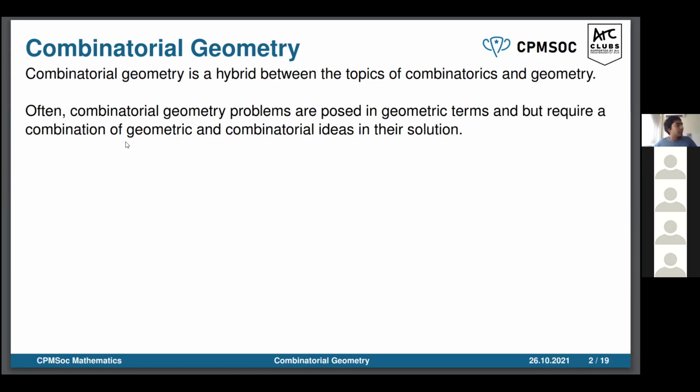Often when you see a combinatorial geometry problem, the statement of the problem is posed in purely geometric terms, but the solution often requires a combination of both geometric and combinatorial ideas.